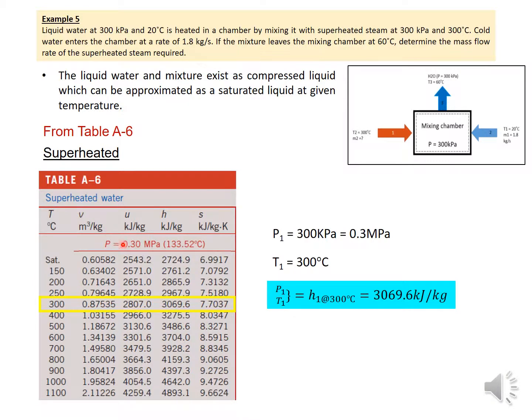For the pressure given, 300 kilopascal or 0.30 megapascal, and T given equals 300 degrees Celsius, we find the enthalpy. Here, the enthalpy is 3069.6 kilojoule per kilogram.